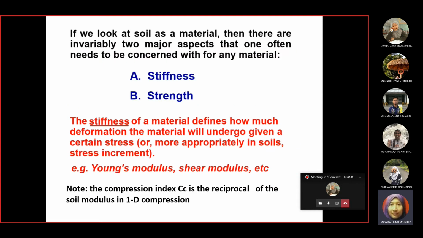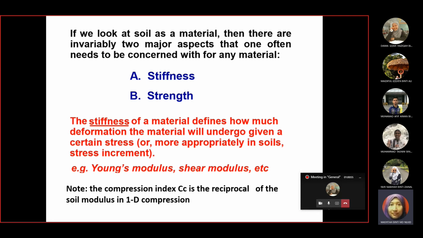Okay, these are the two important things that you have to see from the stress strain relationship. First one is the stiffness and then second one is the strength. So when we talk about stiffness ni selalu dia akan relate dengan deformations. Strength ni dia akan relate dengan soil parameters.